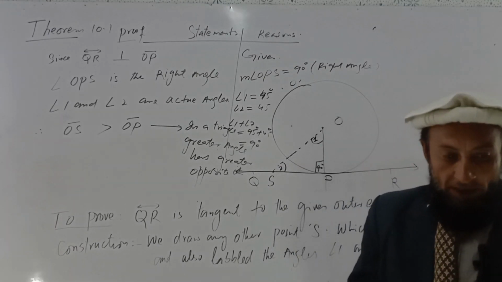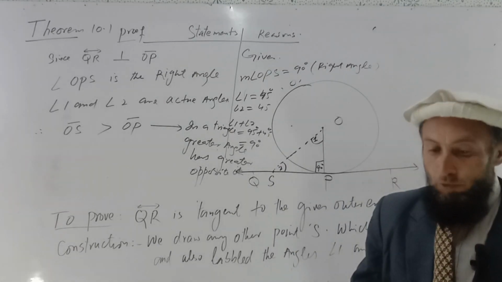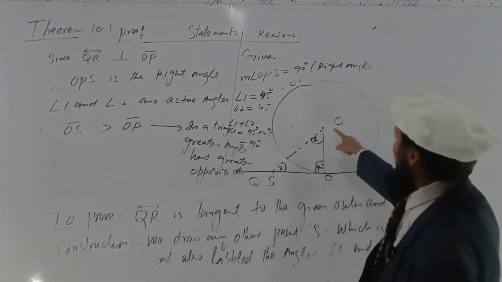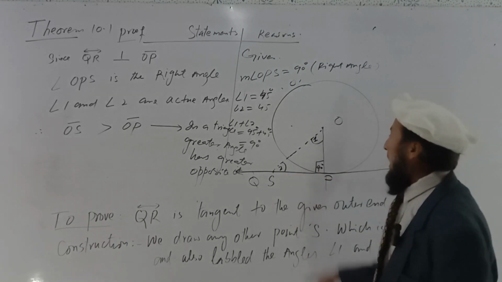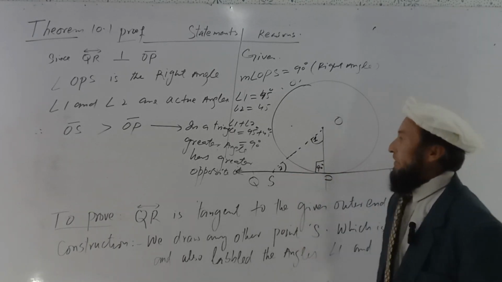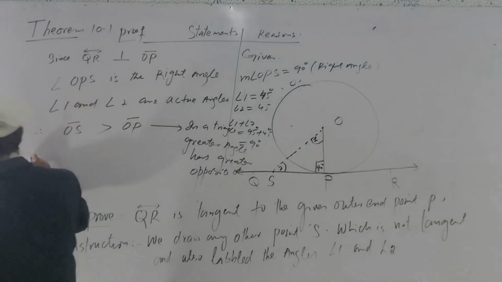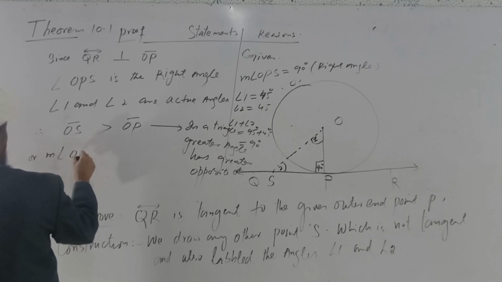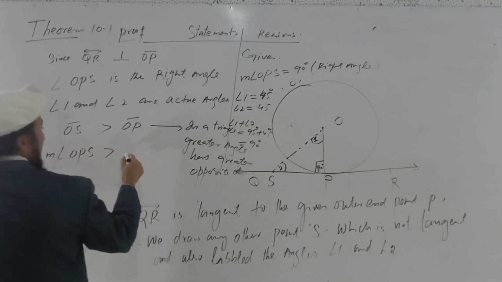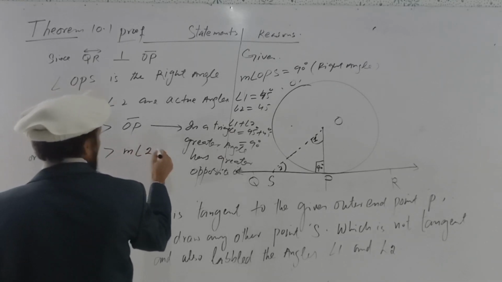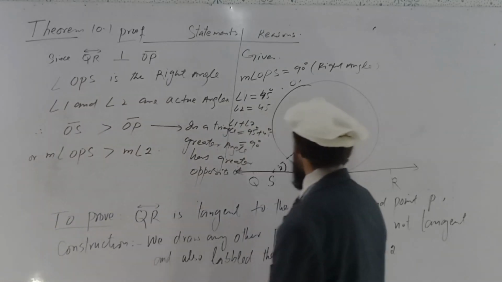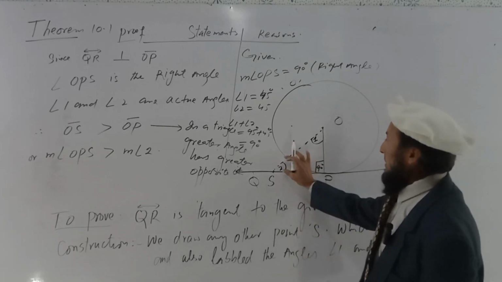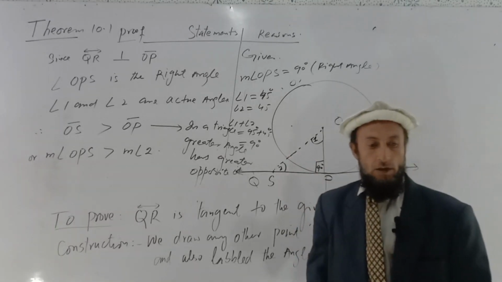Also we can say that the measurement of angle OPS is greater than the measurement of angle 2, because OPS is the right angle, 90 degrees, and this will be equal to 45 degrees, so this is greater.